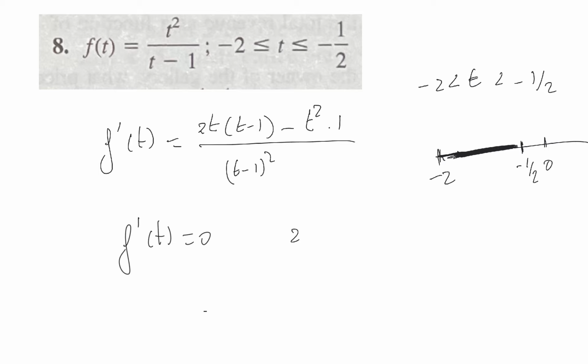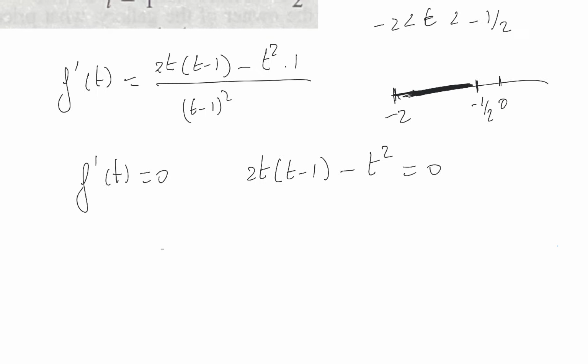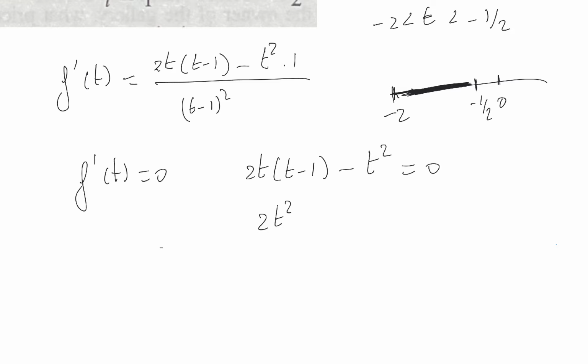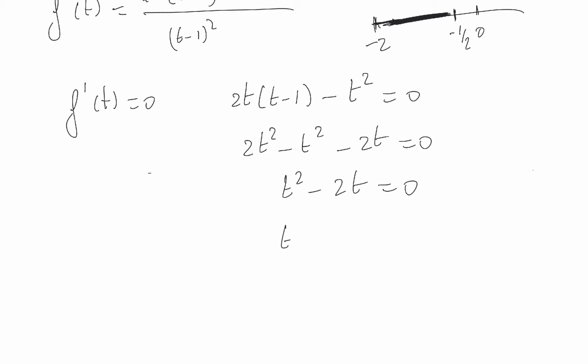When the numerator is 0, when 2t multiplied by t minus 1 minus t squared is equal 0. Or when 2t squared minus t squared minus 2t equals 0. Or 2t squared minus 2t minus t squared, so this is t squared minus 2t equals 0. Or t multiplied by t minus 2 equals 0.